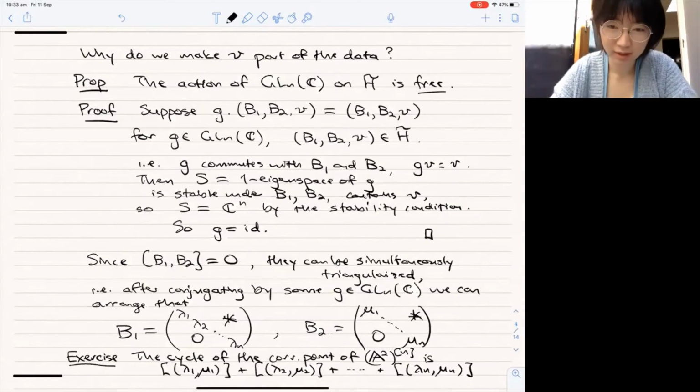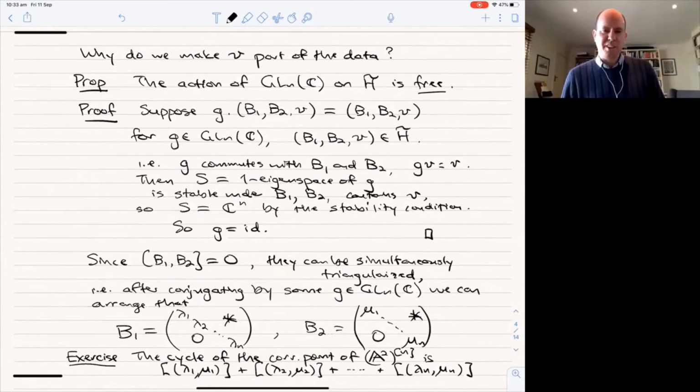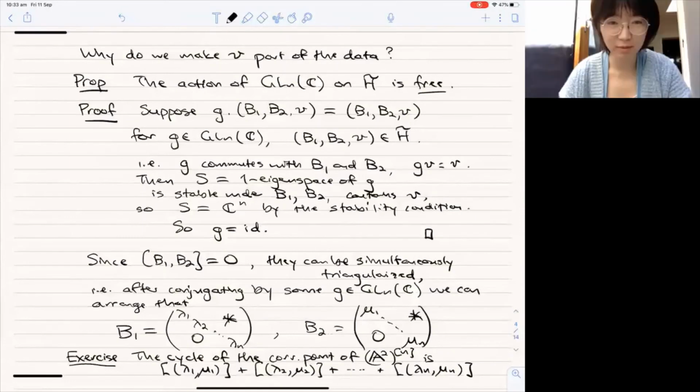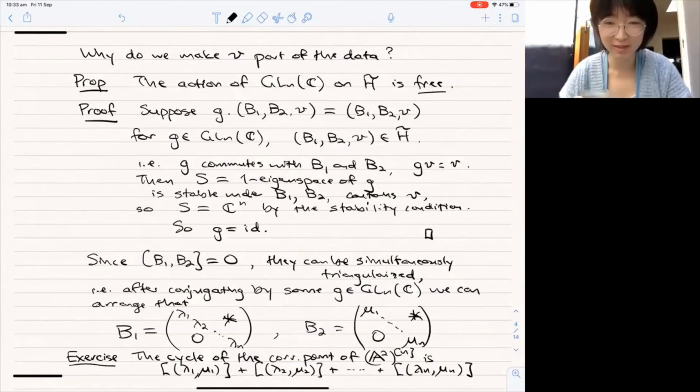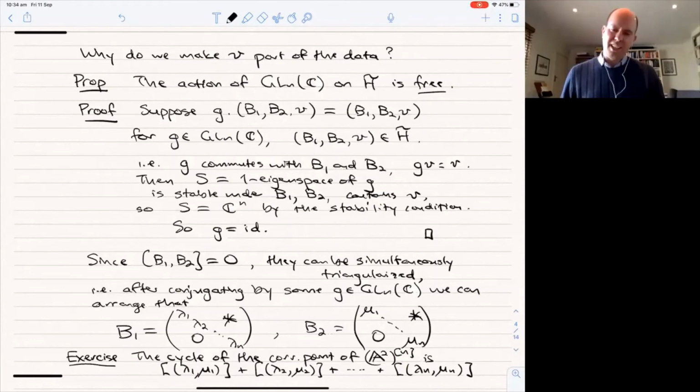Sorry, excuse me, I was distracted for a little bit. So in the proposition, have we secretly used the Luna slice theorem? No, no. This proposition is just meant to be a statement about sets. But we want to take a quotient. Yes. I just gave some talks on equivariant derived categories, and when I said free, it means something different. Yes, you're right.